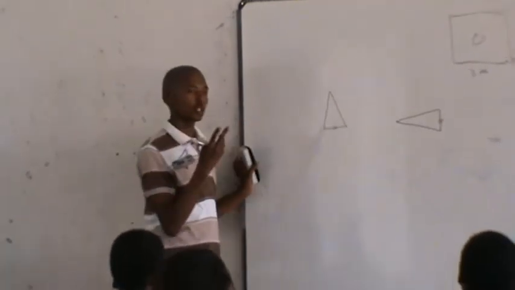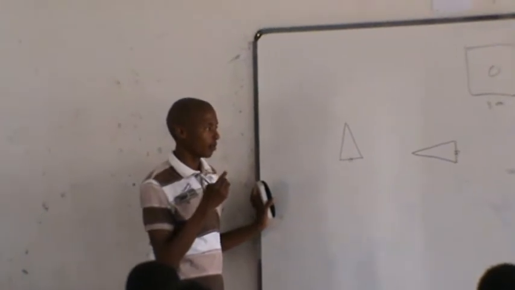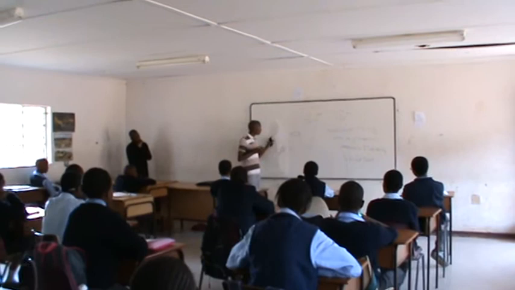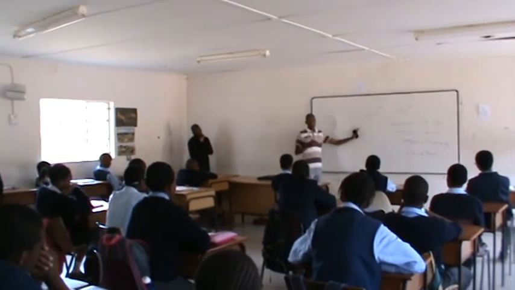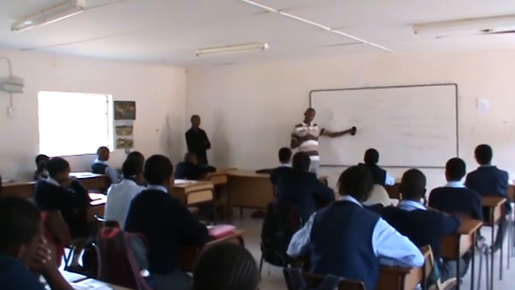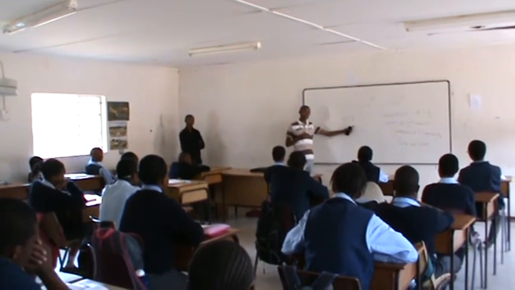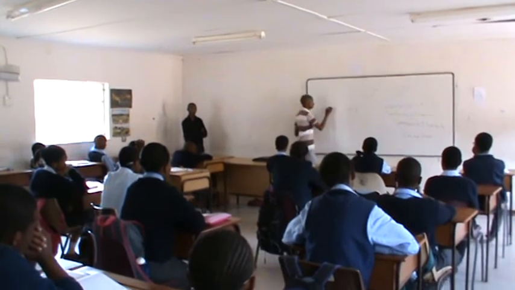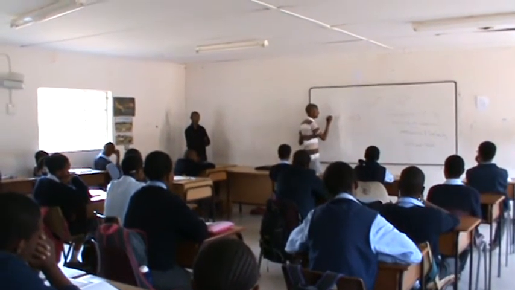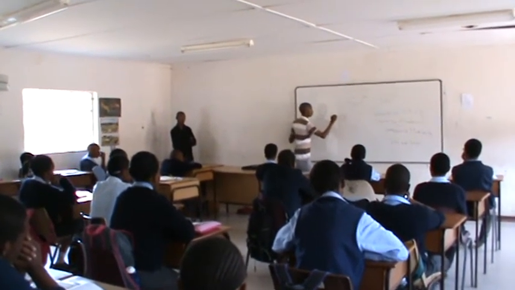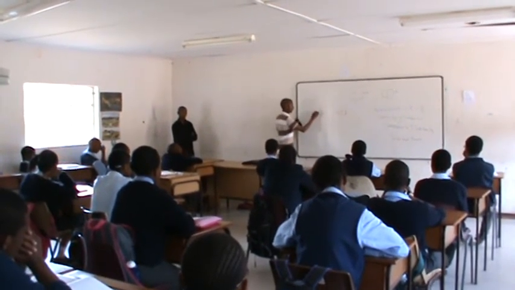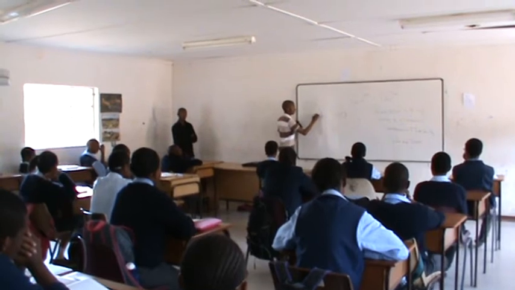So when you look at your two triangles, this one is the same as this one. We are going to say the two corresponding sides of these two triangles are equal. Again, we can say this length is also equal to this length.